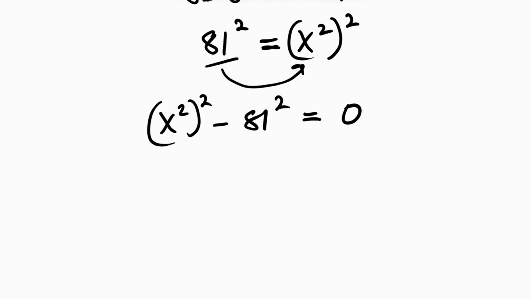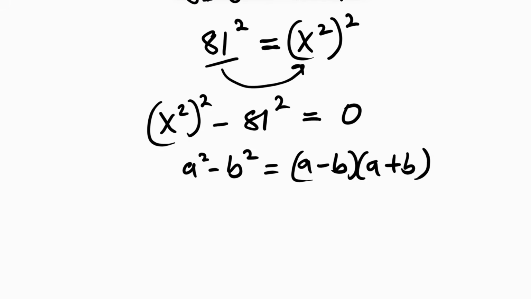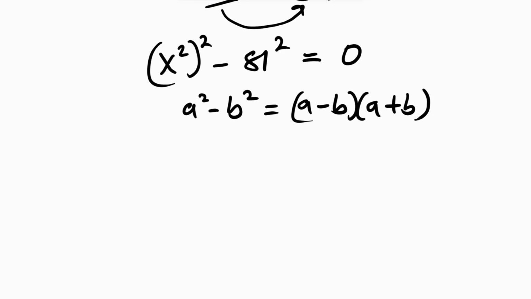Perfect. So now this is looking like it's in the form of a squared minus b squared. And we know that a squared minus b squared is equal to a minus b times a plus b. So let's rewrite the whole thing in this format. So our a now is x squared, right? And then our b is 81.